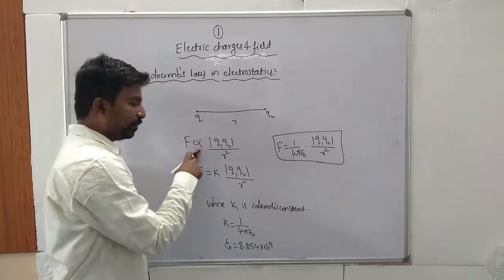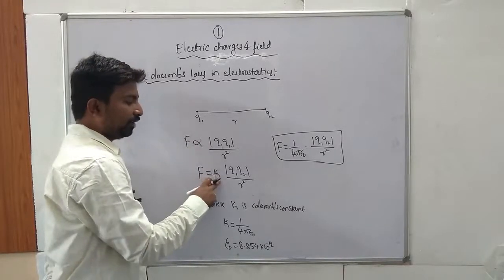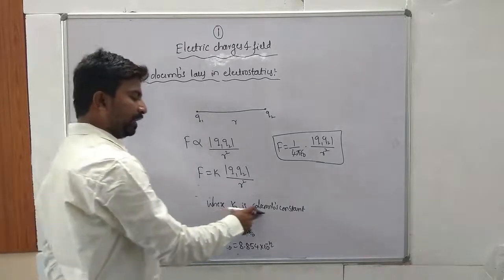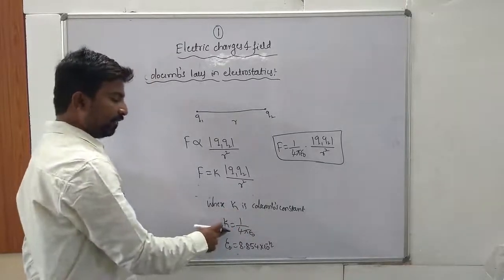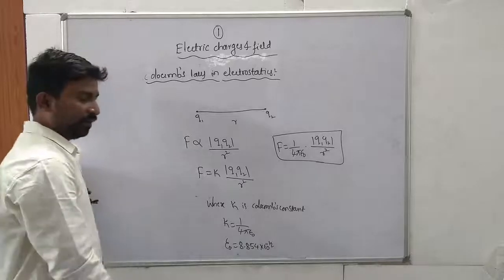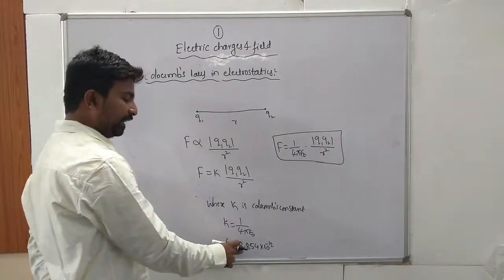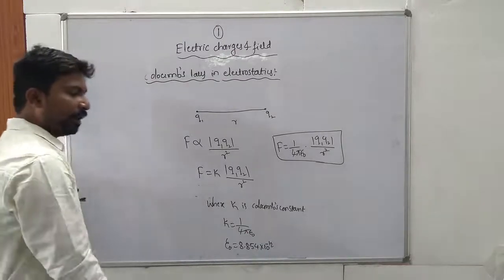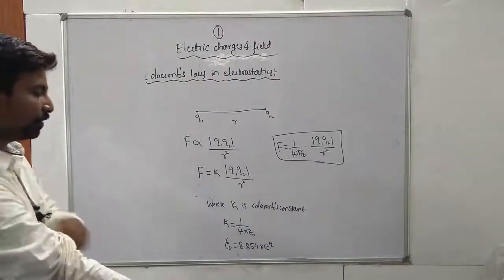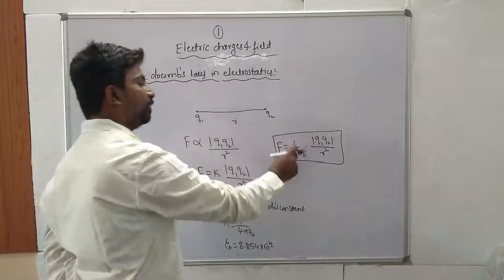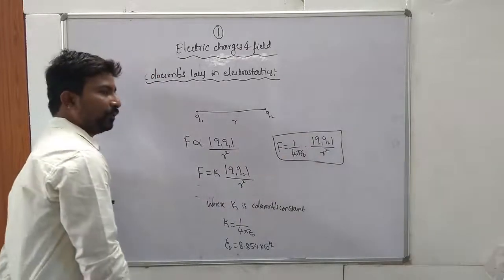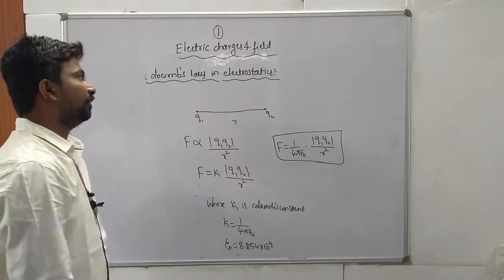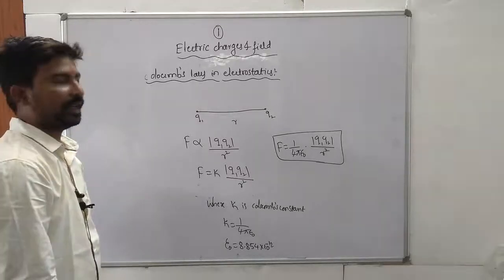So we can remove the proportionality, then F is equal to k into magnitude of q1 q2 by r square, where k is Coulomb's constant and k value is equal to 1 by 4 pi epsilon naught, where epsilon naught value is 8.854 into 10 to the power of minus 12. So then F is equal to 1 by 4 pi epsilon naught magnitude of q1 q2 by r square. So this is the statement of Coulomb's law in electrostatics.